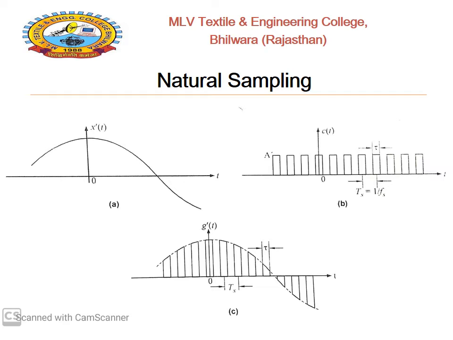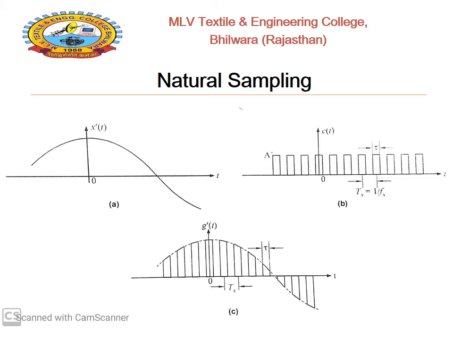So we use rectangular pulses with the time duration of Ts, and the width of the pulses is tau, and the difference between two adjacent rectangular pulses is Ts, where Ts equals 1 upon fs. Ts is the sampling time duration.